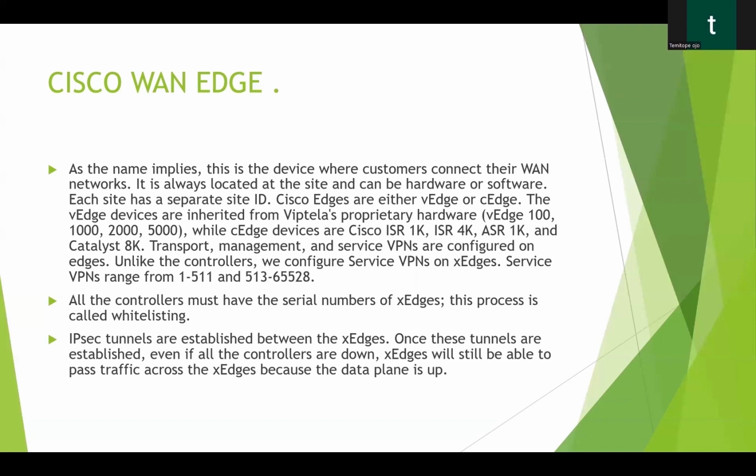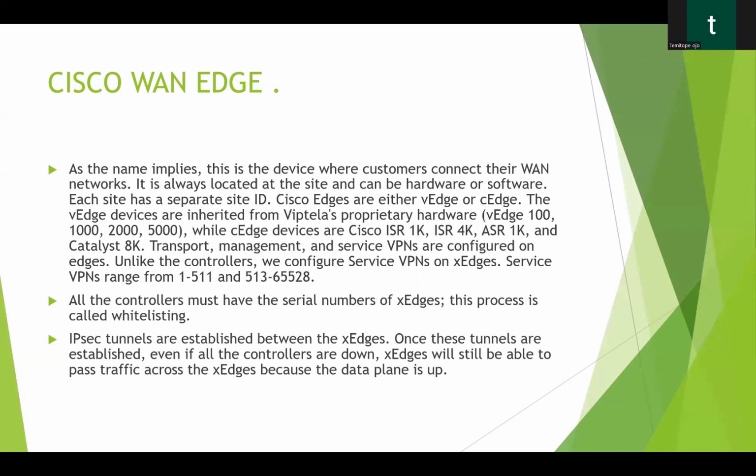vEdges and cEdges support transport, management, and service VPN. The other controllers we've discussed only support transport and management. They don't support service VPN. When we get to configuration, you will see it. If you try to put in your configuration, it's going to reject it when it comes to service VPN.